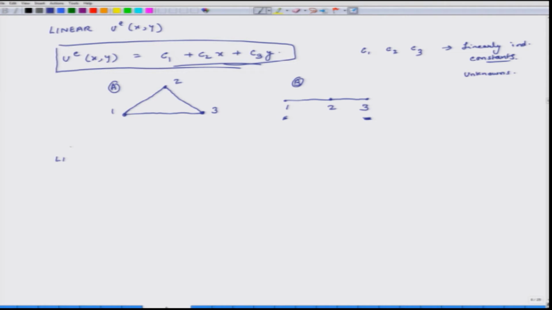Another example, so this is the first case. Now, let us look at the second case. Linear u^e of x and y, and this is equal to C1 plus C2x plus C3y plus C4xy.